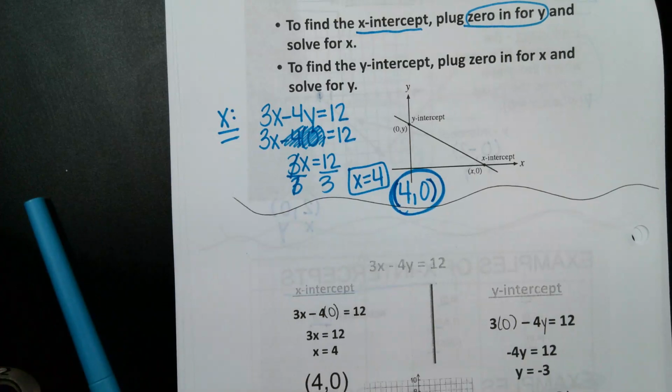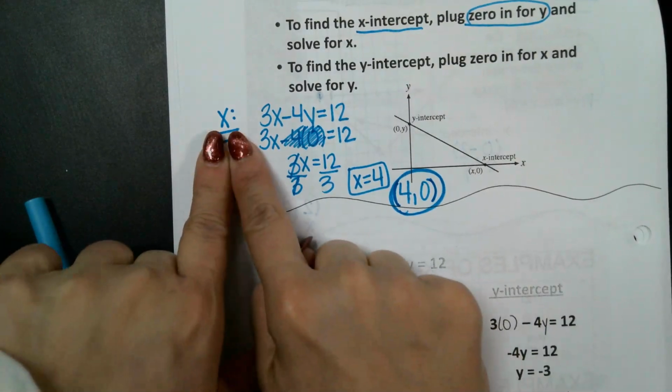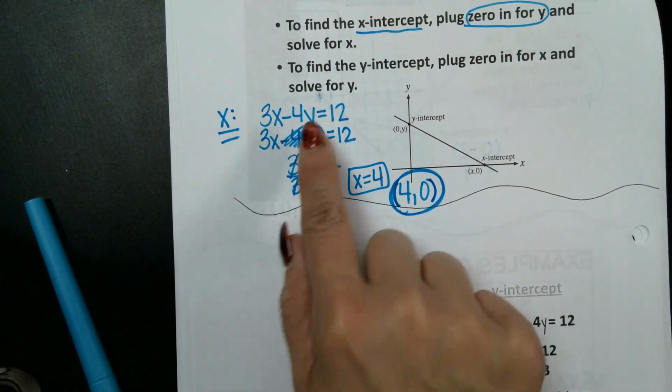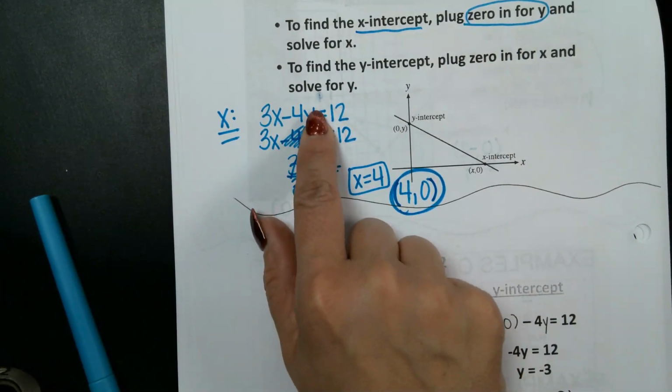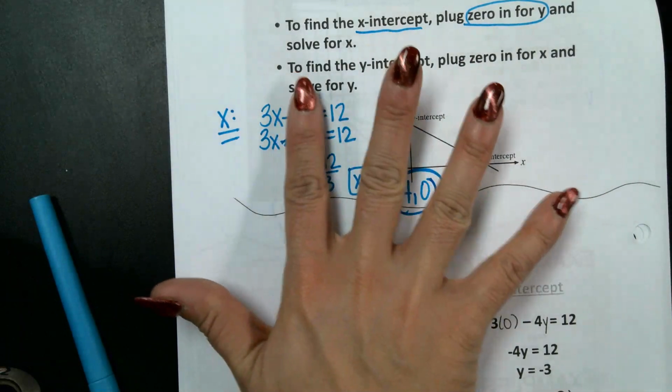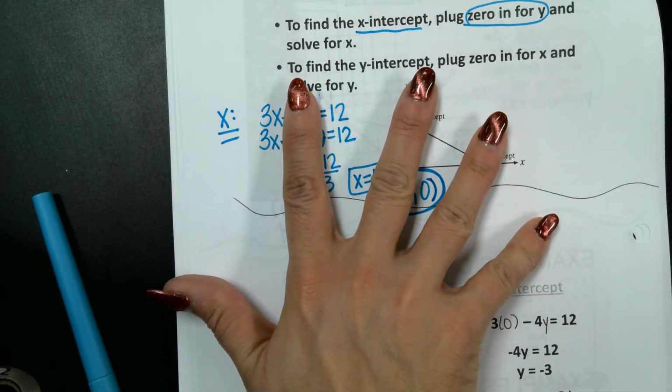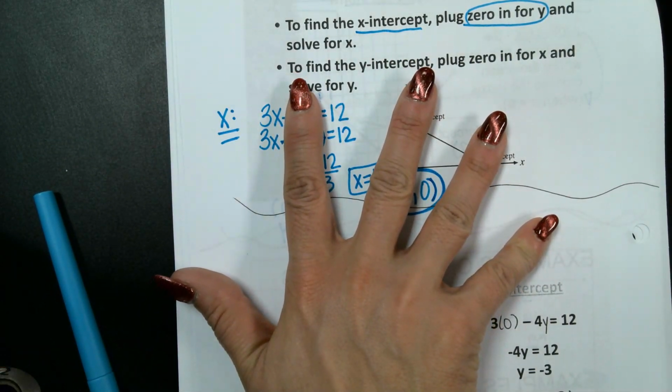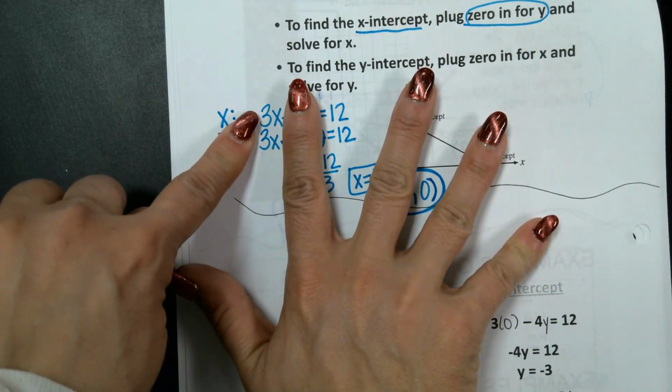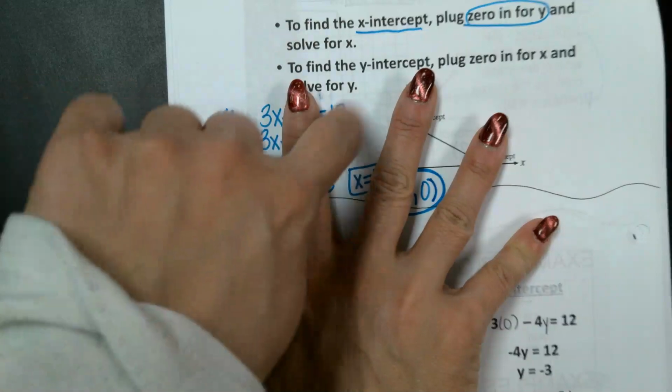Okay, so here's a shortcut. You guys wanting to know the shortcut? If they're telling you to find the x-intercept, if I know that by plugging in a 0 right here, that term's going to disappear, couldn't I have just covered that up? If I'm looking for x, I could cover up the y term, and then what does this equation now say? 3x equals 12.